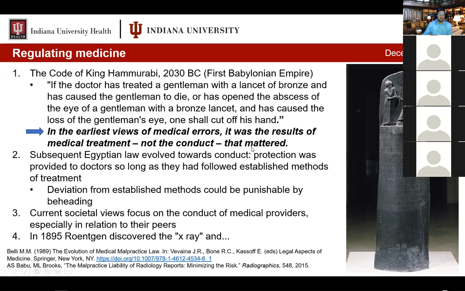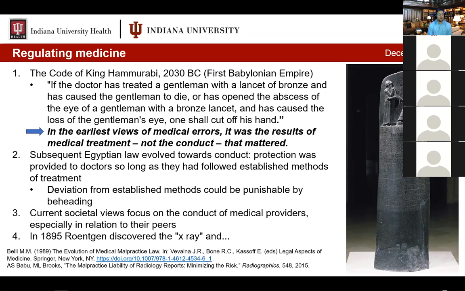And I think we can all imagine that today things are very different. It's not only the results, but more importantly, how we got to those results. There were subsequent Egyptian laws that evolved that began to favor conduct slightly more than King Hammurabi. They provided protection to doctors so long as they had followed established methods of treatment.